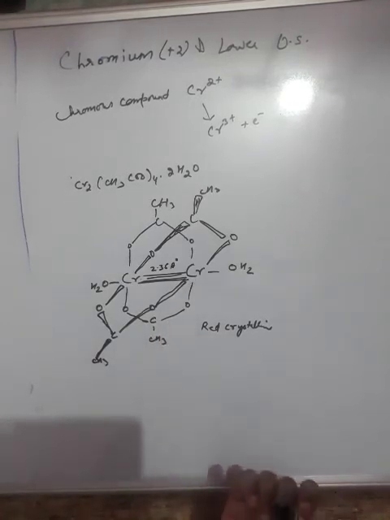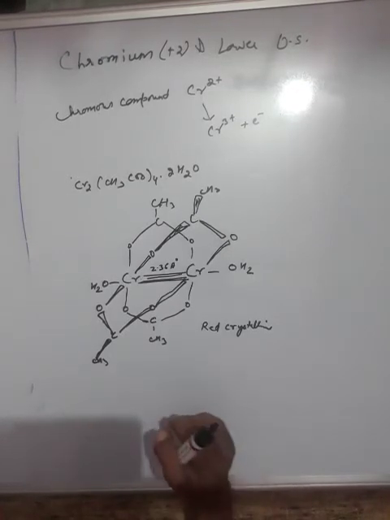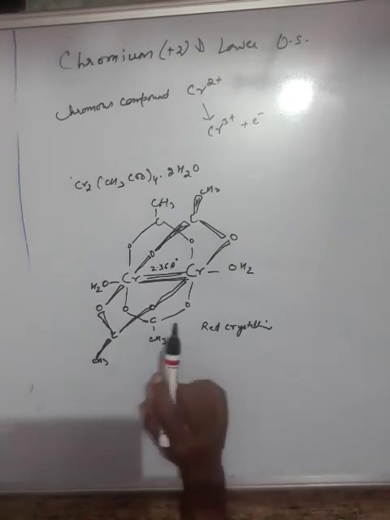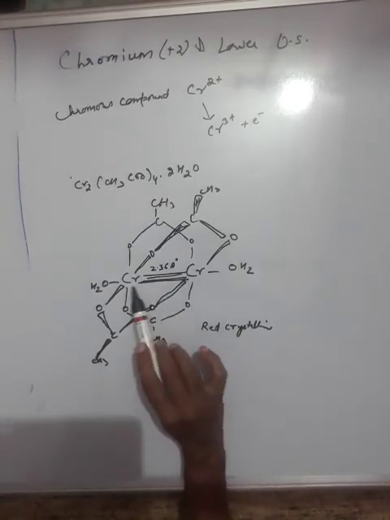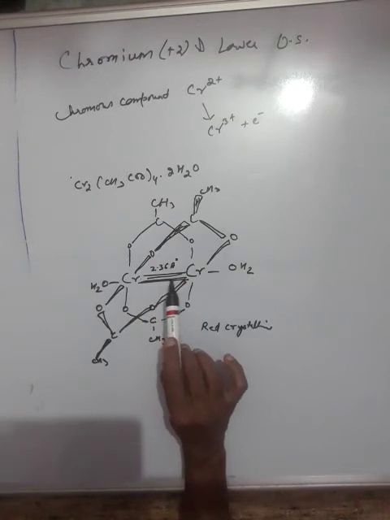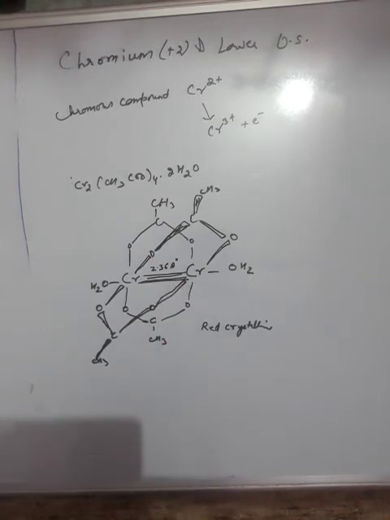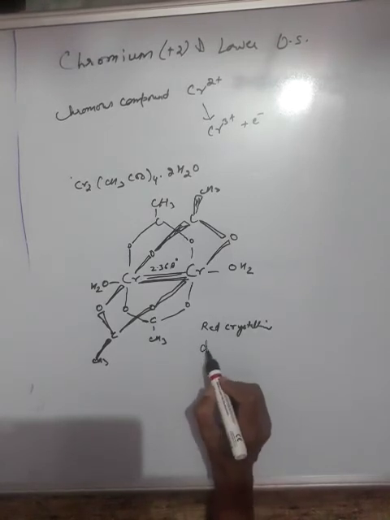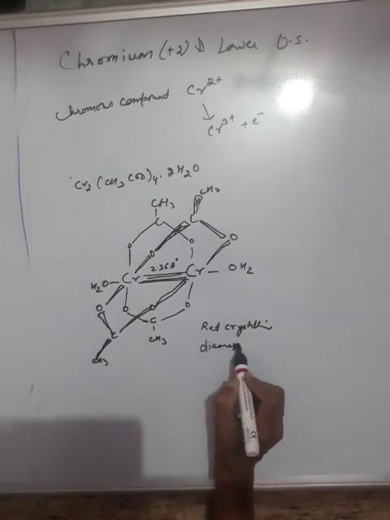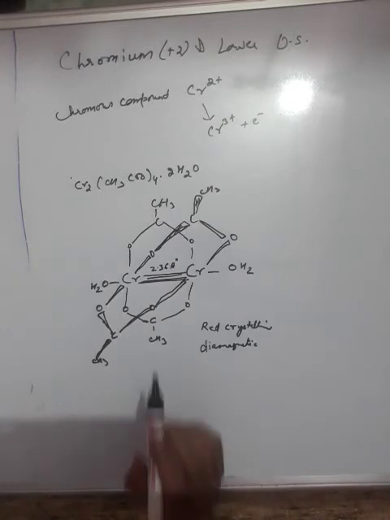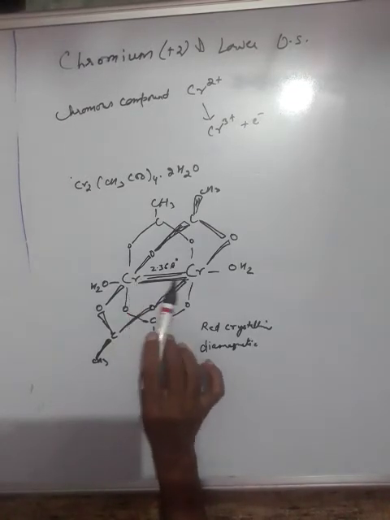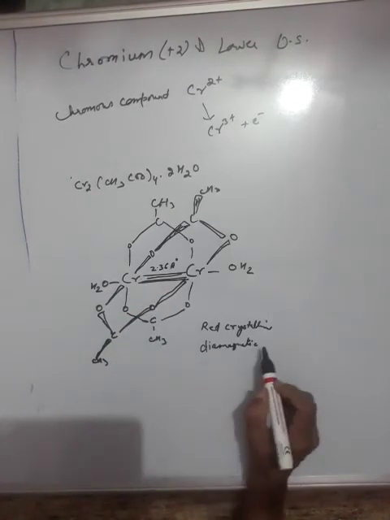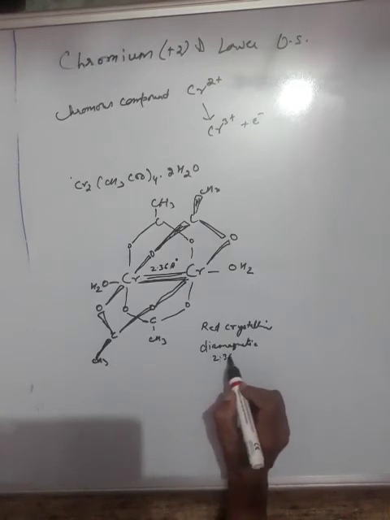And so as far as the magnetic properties are concerned, it is just assumed that since they have 4 unpaired electrons, they should be paramagnetic, but the compound is diamagnetic in nature, and the distance between the two chromium atoms is also very short, that is 2.36 angstrom.